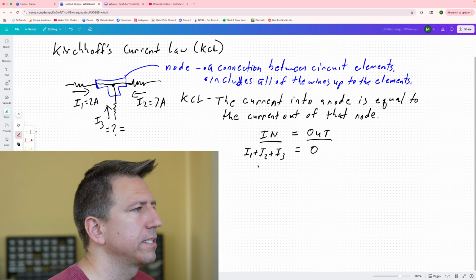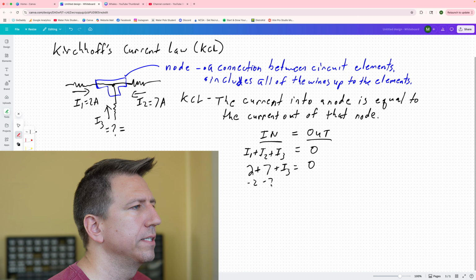When we solve this, we get 2 plus 7 plus I3 is equal to 0. This time I have to subtract the 2 and subtract the 7 from both sides, and we get that I3 is equal to minus 9 amps.